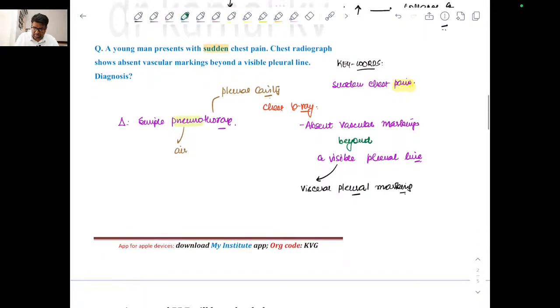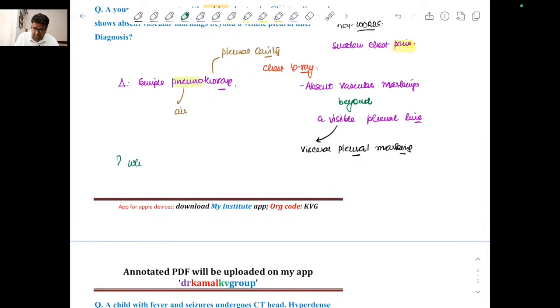Now the question is, why not tension pneumothorax? So the differentiating points of simple pneumothorax from tension pneumothorax, let me enumerate. Number one, there will be tracheal shift to opposite side.